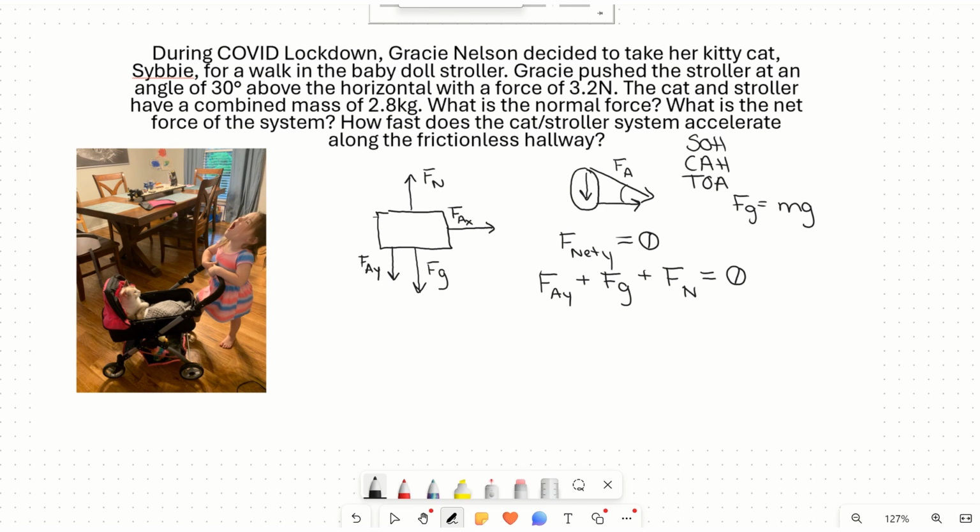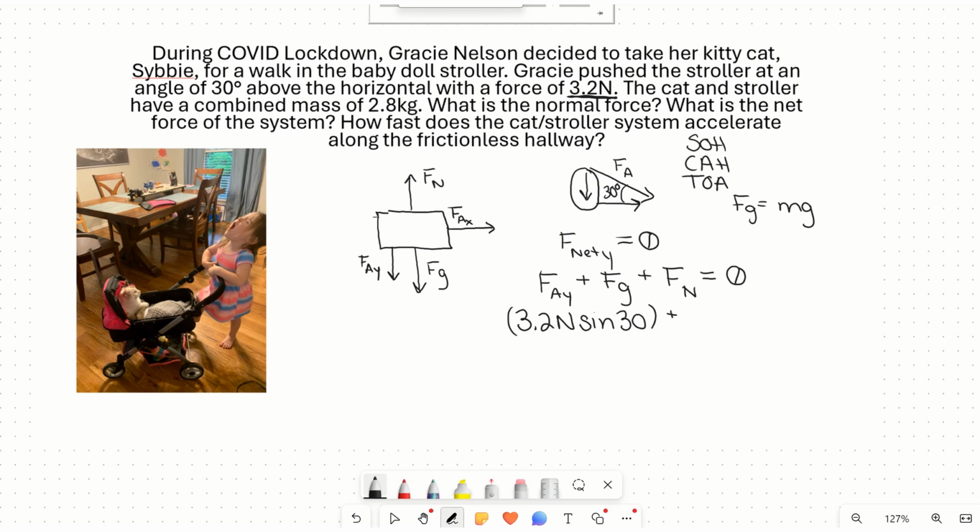I know my angle here is 30 degrees. That is the opposite of my angle, so I'm going to use sine. And I know my applied force is given to me in the problem. My applied force is 3.2. So my force applied in the y is going to be 3.2 newtons times the sine of 30 degrees. That's my force applied in the y.